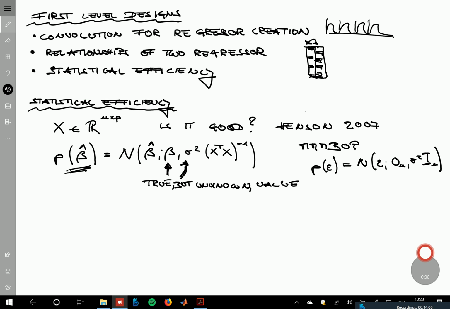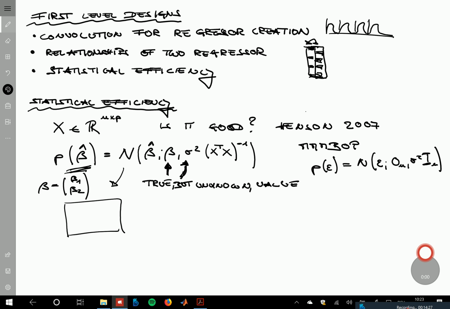So for example, if you have two conditions, then you have a two-dimensional thing, and you can of course plot the distribution of your beta 1 and beta 2, so this normal distribution in 2D.